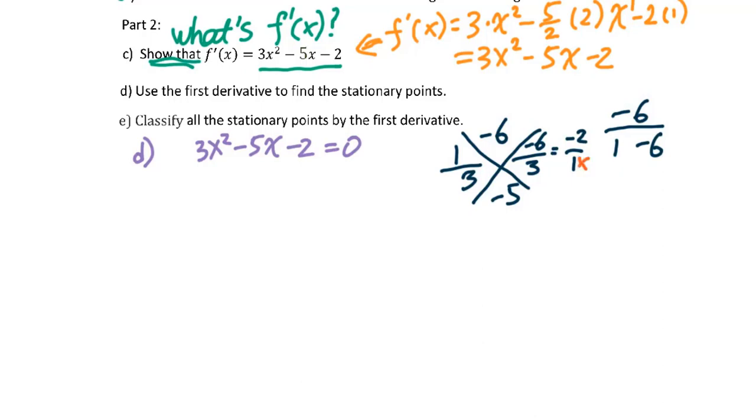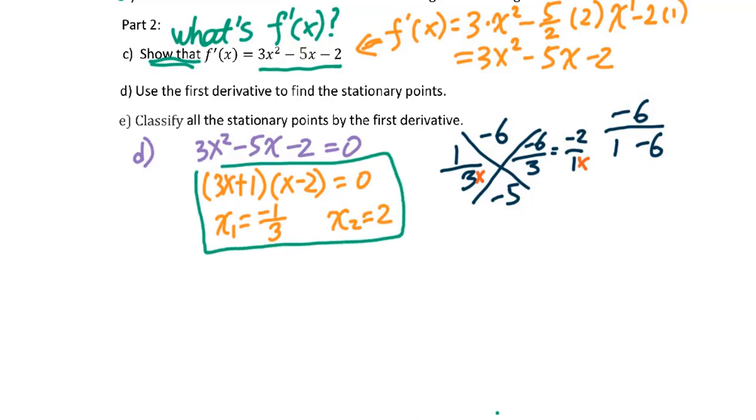Then you put the x here, so you will get 3x plus 1 and x minus 2 equal to 0. Your x1 equals -1 over 3, x2 equals 2.